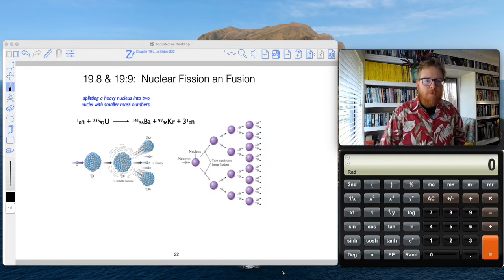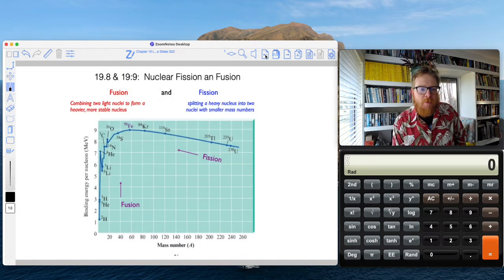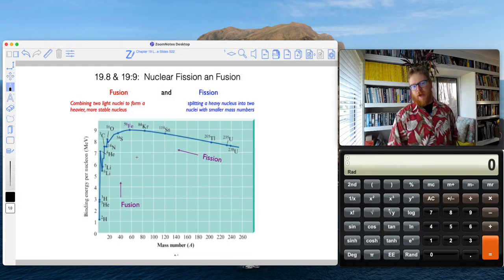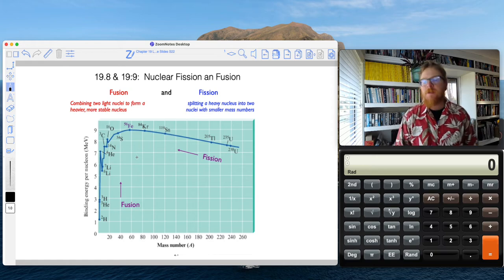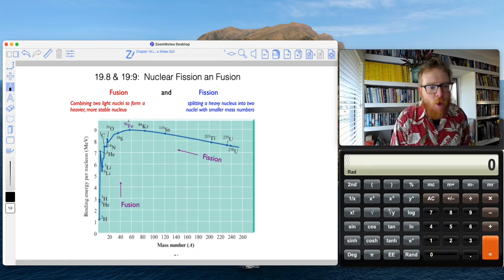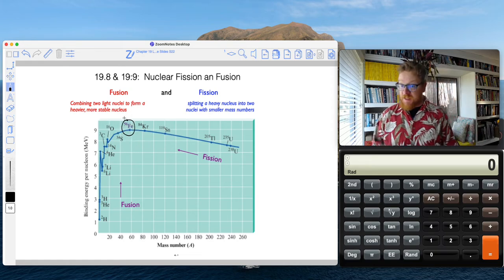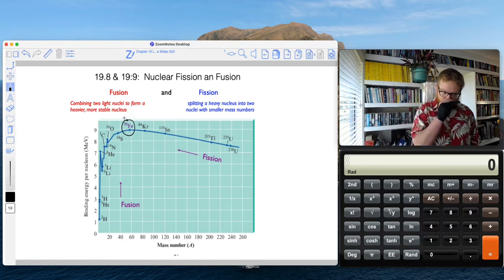I realized I was one slide ahead. Okay, here we go. So fusion and fission. If you recall, we talked about iron-56 being the most stable nucleus.